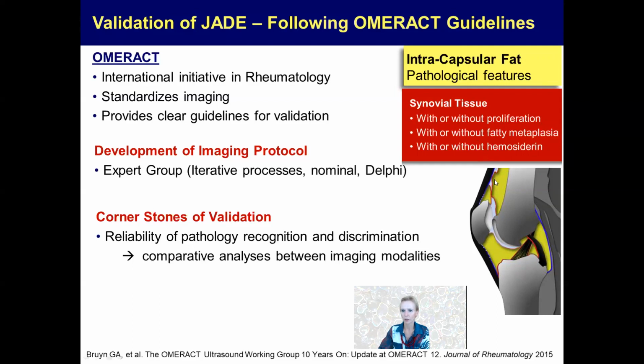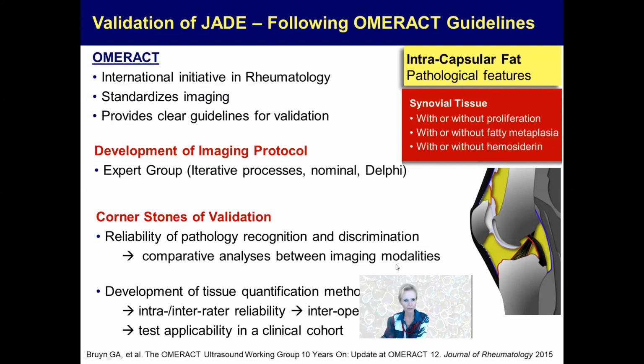Synovial tissue, here just as a red small line, can obviously proliferate. So it can be present with and without proliferation, with or without fatty metaplasia, with or without hemosiderin, and all of that might look different on ultrasound and needs to be verified by, for instance, MRI or some other modality.